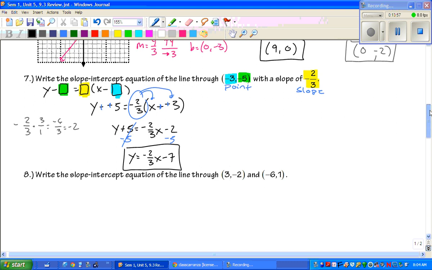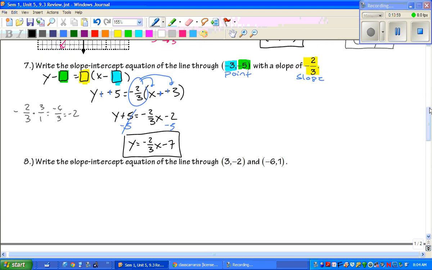Alright, last one on this side. Write the slope-intercept equation of the line through 3, negative 2, and negative 6, 1. So, when it's asking us to do this, the first thing that we have to do is find the slope, and then we plug into point-slope, that formula we just did. Okay? So, there's my slope formula.